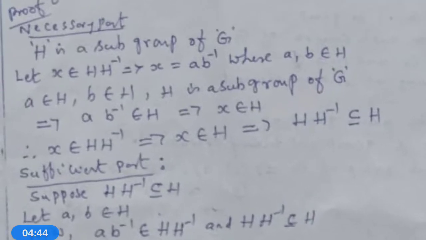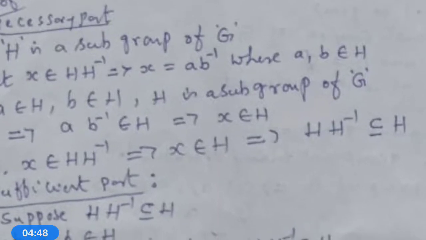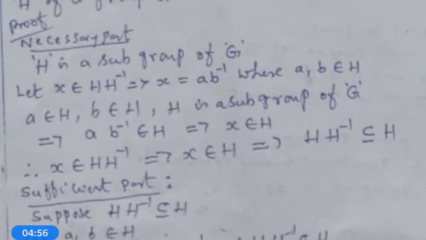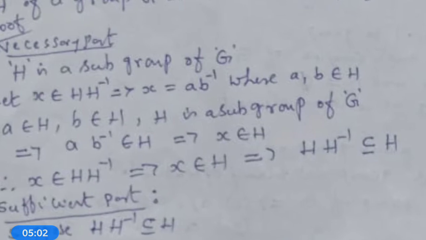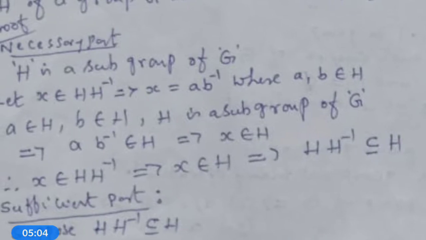Now let x belong to HH inverse, which implies x is equal to ab inverse, where a, b belong to H. a belongs to H, b belongs to H, and H is a subgroup of G. Then the necessary and sufficient condition for a subgroup to be a group is that ab inverse belongs to H. What is ab inverse? ab inverse is equal to x.